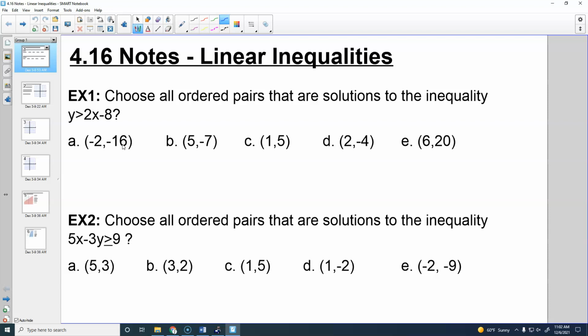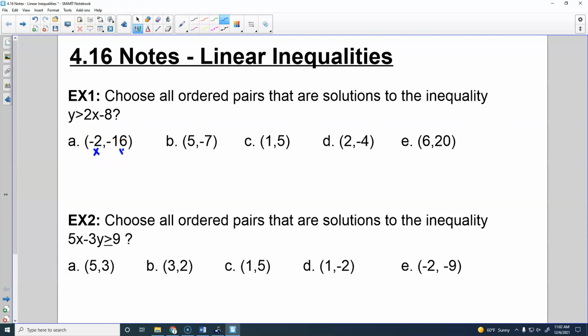Yes, you plug the numbers in. So we would have an x here and a y here. That's exactly what you do with inequalities. It just looks a little bit different, and you have to decide if it's true or not.